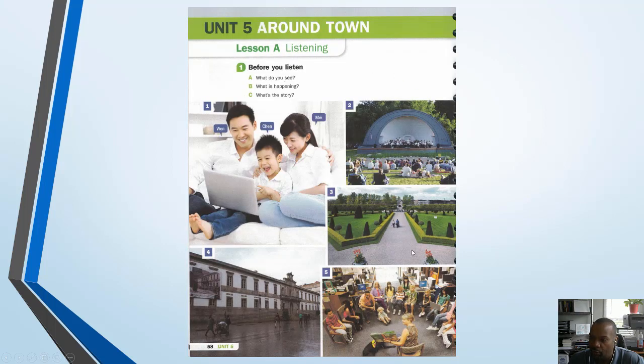In our student book on page 58, we were looking at this set of 5 pictures of Wen and Mei, and they have a son, Chen, and they were trying to think about what they were going to do for the weekend.